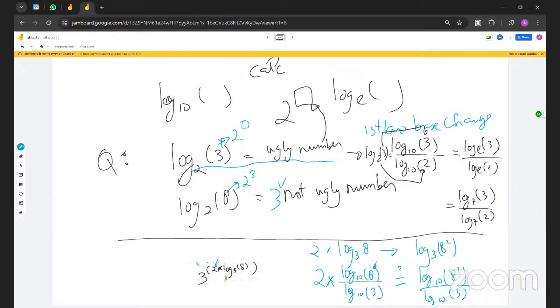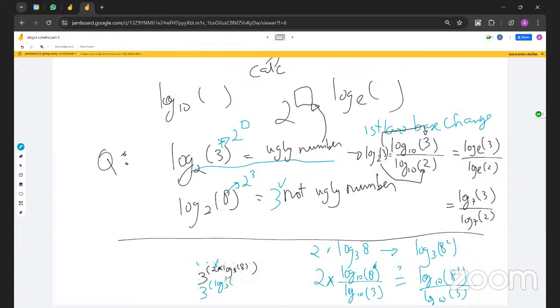I offer you the second proof. The second proof is you're going to take that ugly number and simply put it here, correct? If you put 3 power ugly number, what will be the answer? What do you think? I get 64. And does that make sense or not? Look, this is how it works.